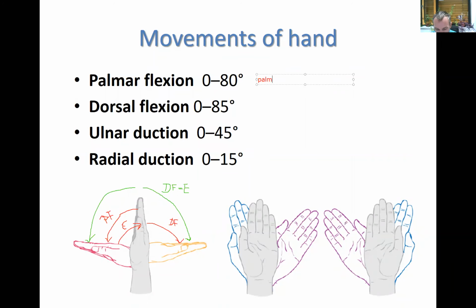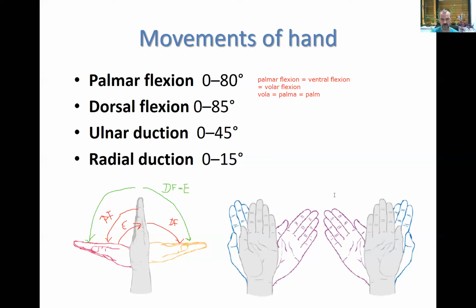So palmar flexion is the same as ventral flexion, which is the same as volar flexion, as the word vola is the same as palma, is the same as palm, part of the hand.